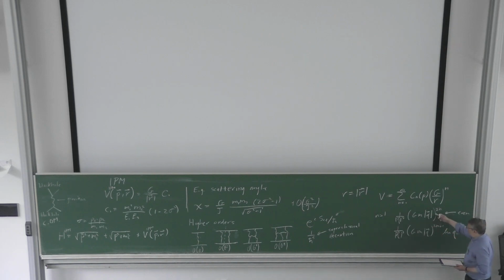Okay, so this tells us what we're supposed to fish out of the expression. And the name of the game is to find good methods for extracting exactly these types of pieces out of the scattering amplitudes. Okay?